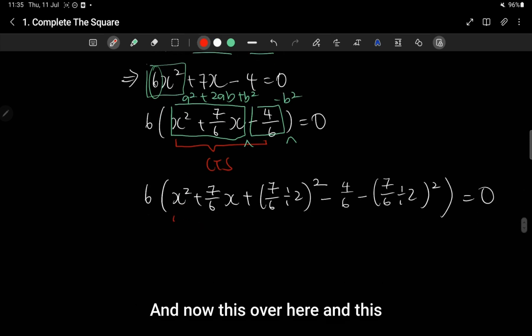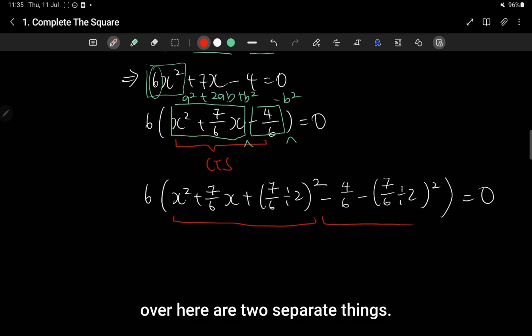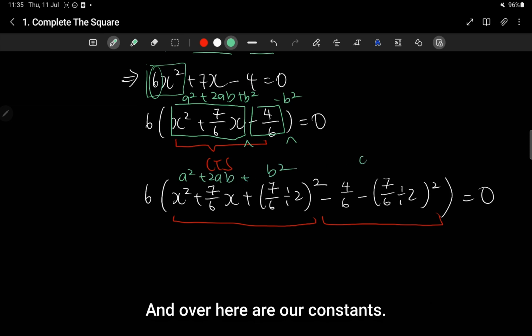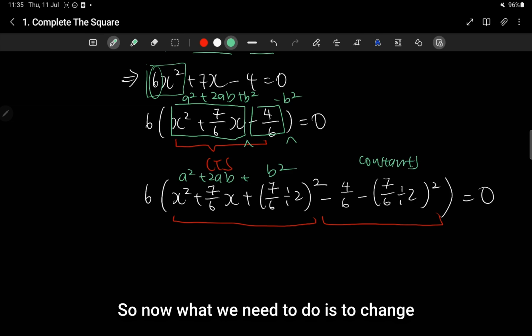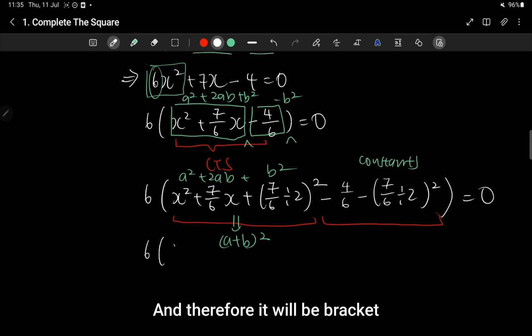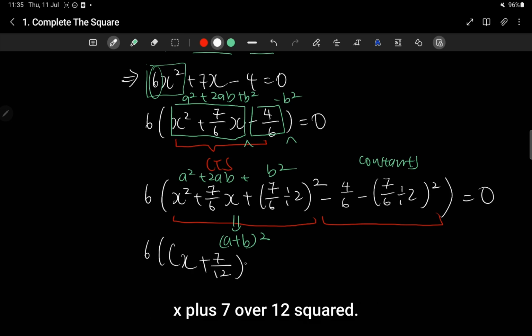And now this over here and this over here are two separate things. This is our a squared plus 2ab plus b squared. And over here are our constants. So now what we need to do is change this over here to a plus b squared. And therefore it will be bracket x plus 7 over 12 squared. And then expand our constants.